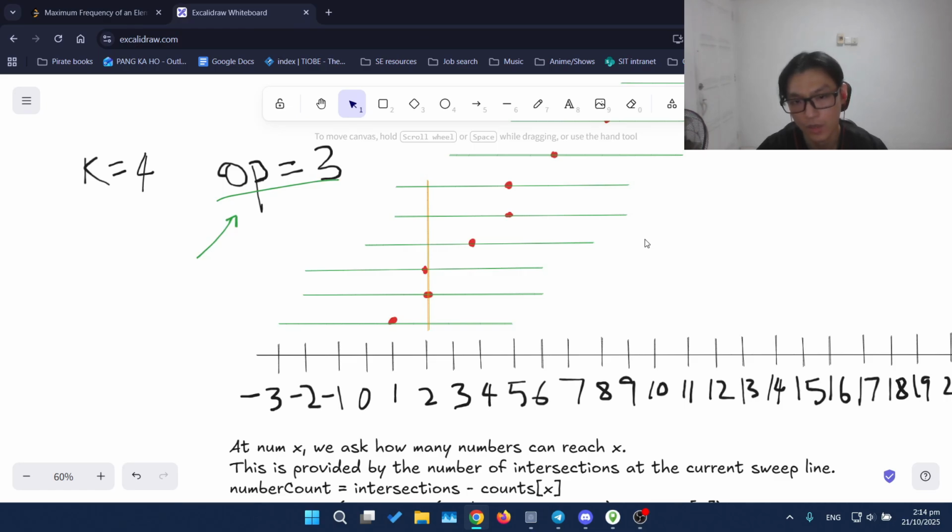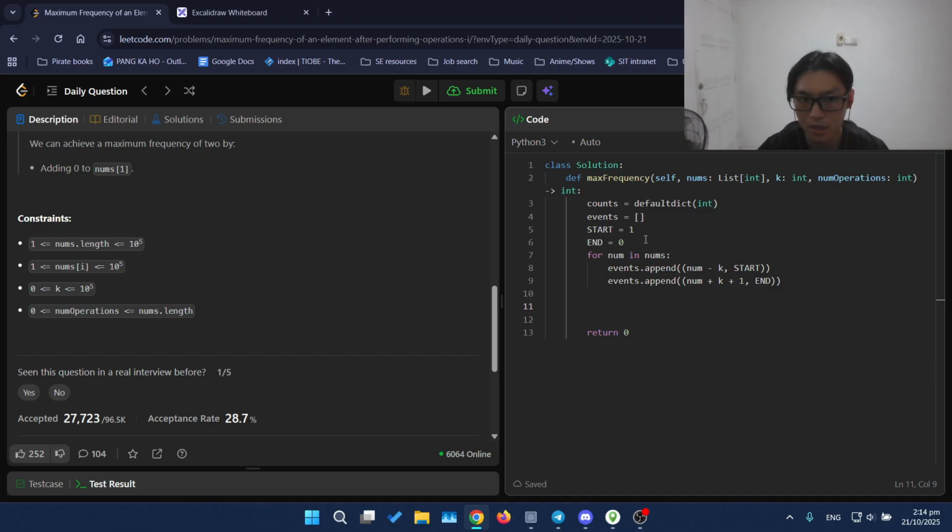So we actually have to keep track of each number. Okay, so we say events.sort. Then for i in range of length of events, then we have the... actually this is for x, I guess.